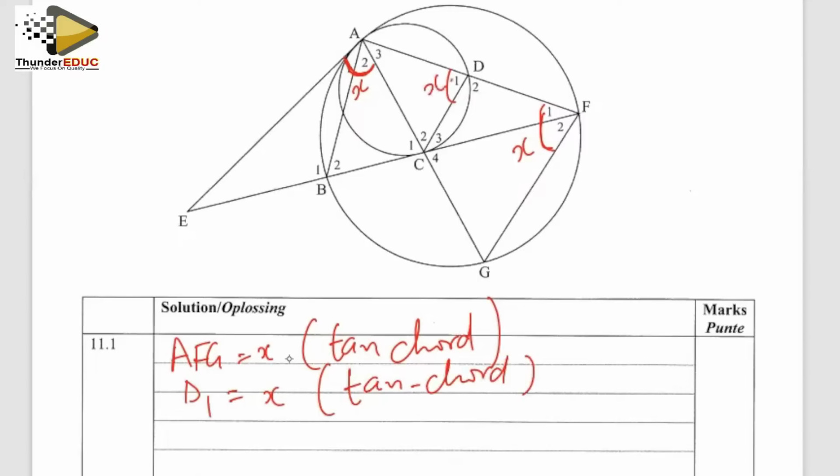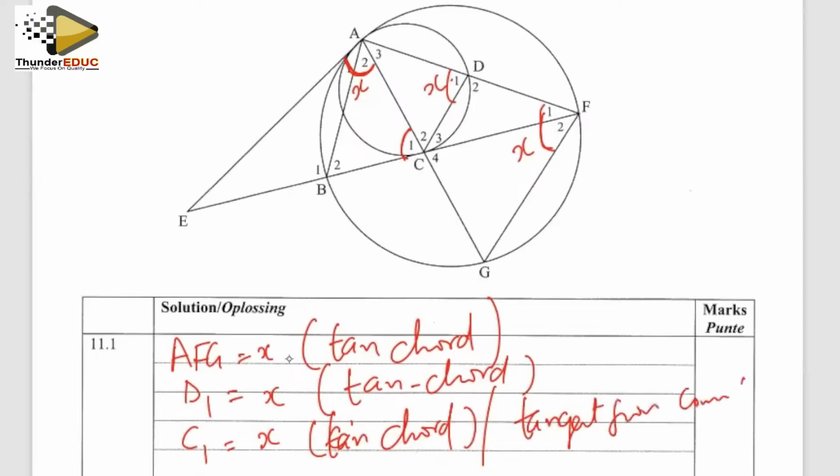Then if this is X, which means this C1 is also going to be X. We can also use tan chord, or since this is a tangent and that's also a tangent, we can use tangents from a common point. Tan chord or tangents from a common point, one of the two.